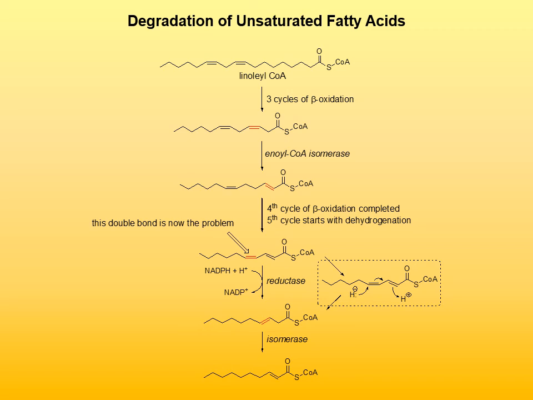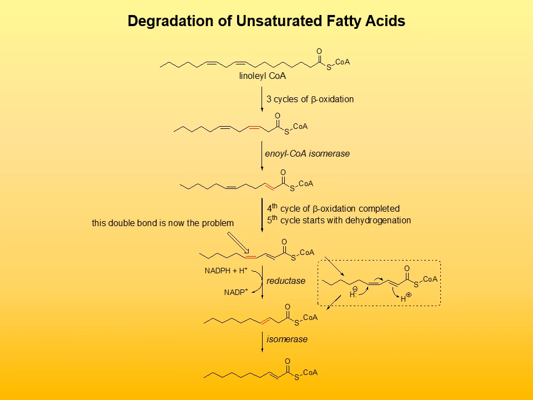But once the fifth cycle occurs with dehydrogenation, now we have 2,4-dienoyl coenzyme A. And so now the double bond in position 4 is cis and in a position that would interfere with addition of water to double bond 2, because the addition of water that is now supposed to occur to the trans double bond would actually occur at the end of the system. It would occur on the double bond shown in red.